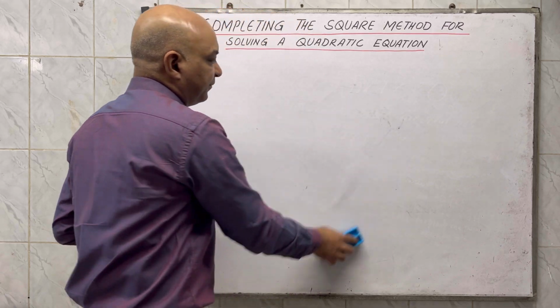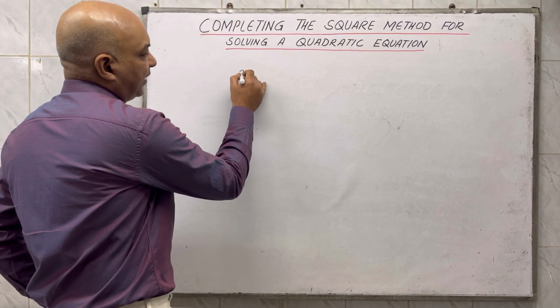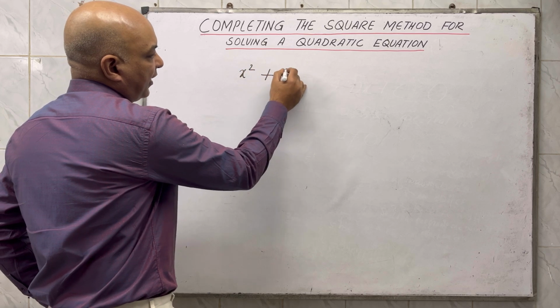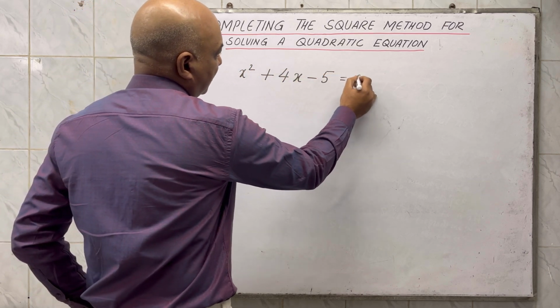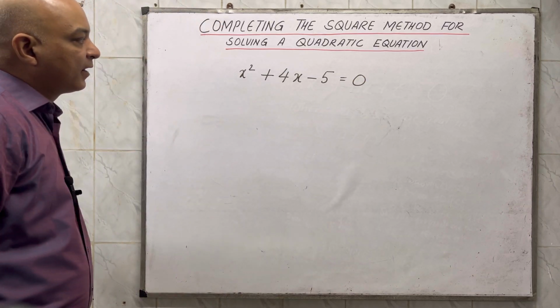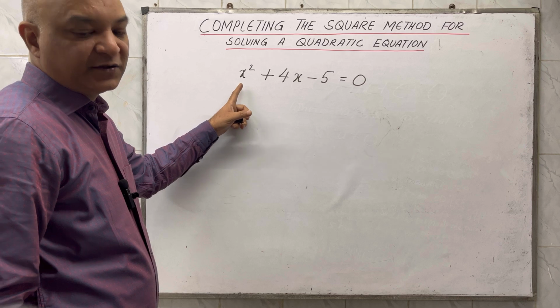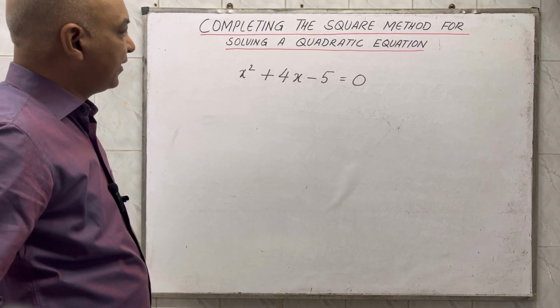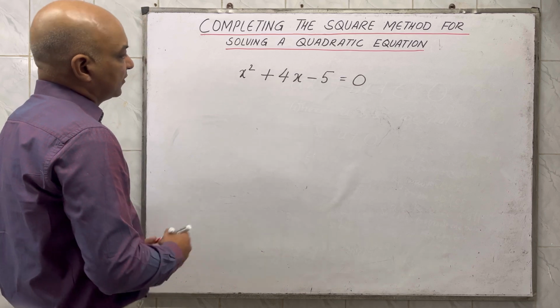My first example is x² + 4x - 5 = 0. So first of all, we need to see the coefficient of the x² term, which in this case is 1.